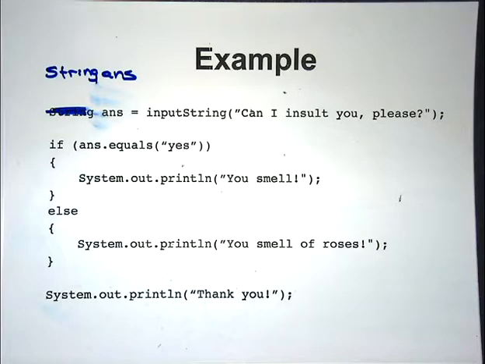That appears, that's what we've programmed input string to do, and that method is going to just wait until you type something. So you've just been asked a question, you can be the user of the keyboard, you're being asked, can I insult you, please? What is your answer? Yes. Was that lowercase y-e-s? Let's assume it was. So you type lowercase y, lowercase e, lowercase s, and hit return.